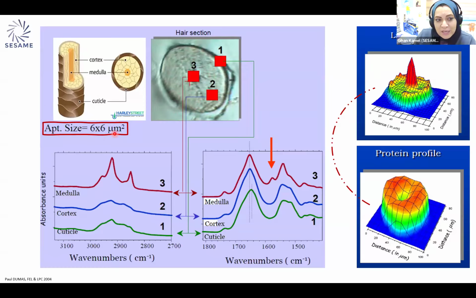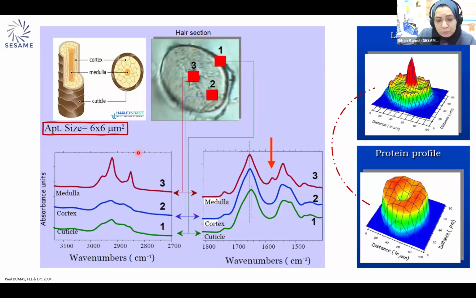So if you want to use an aperture size like 6 by 6 micron square, that means you need a beam size that can go monitoring the 3 layers of the hair and showing you a nice, clean, reasonable feature, and a feature that you're going to use. It's not going to show you noise.